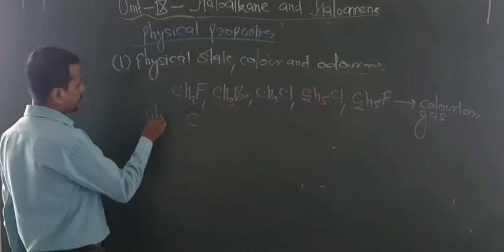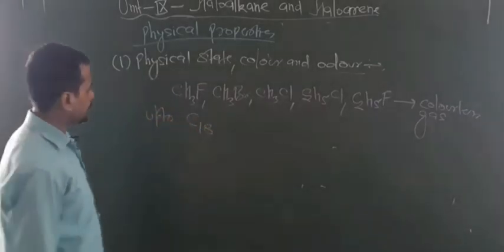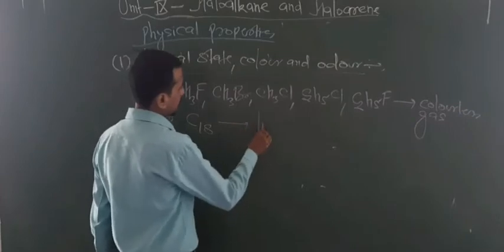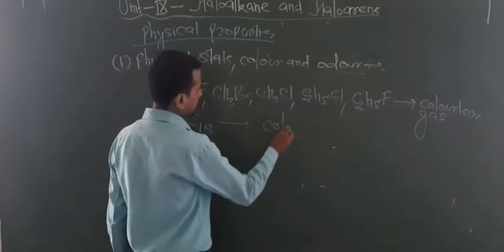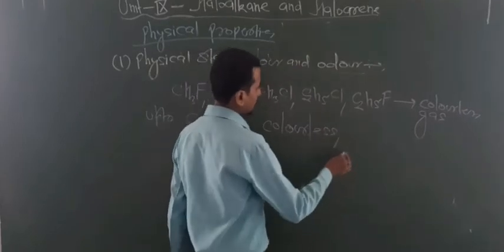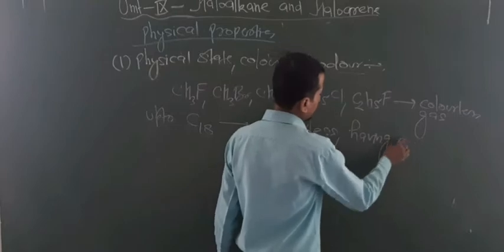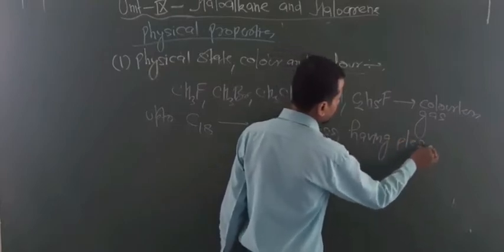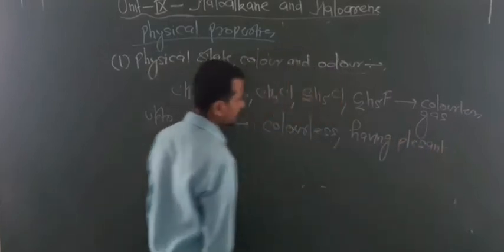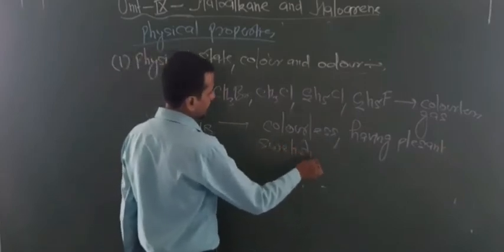Up to C18, that is up to carbon 18, they are colorless liquids having a pleasant sweetish odor.